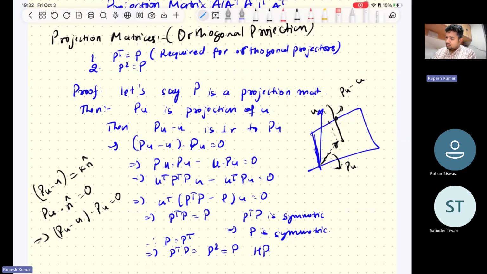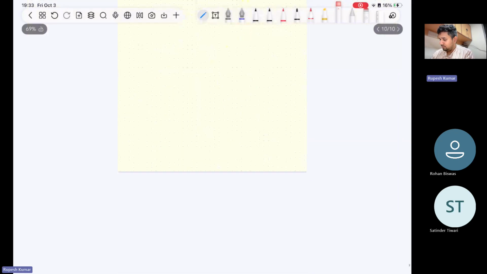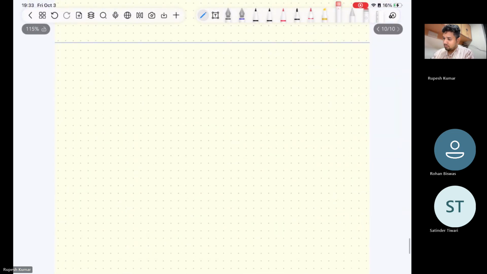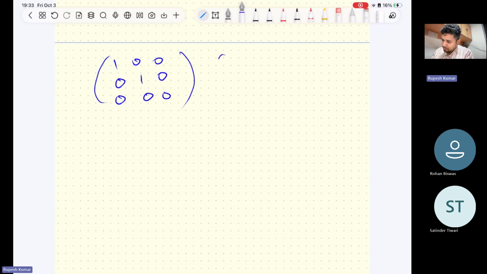Let's see. Let's say I take this matrix, with a 0 in the last diagonal entry. Now this will project everything onto the XY plane. So let's take this projector. Is this a projection matrix? Let's check.